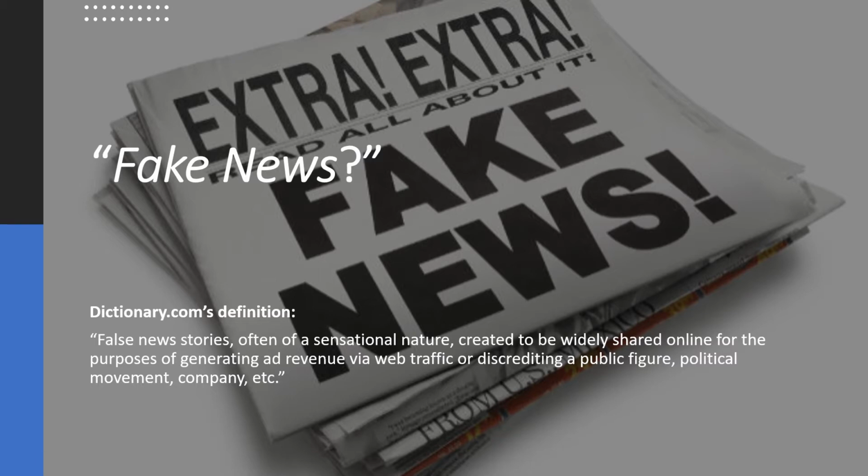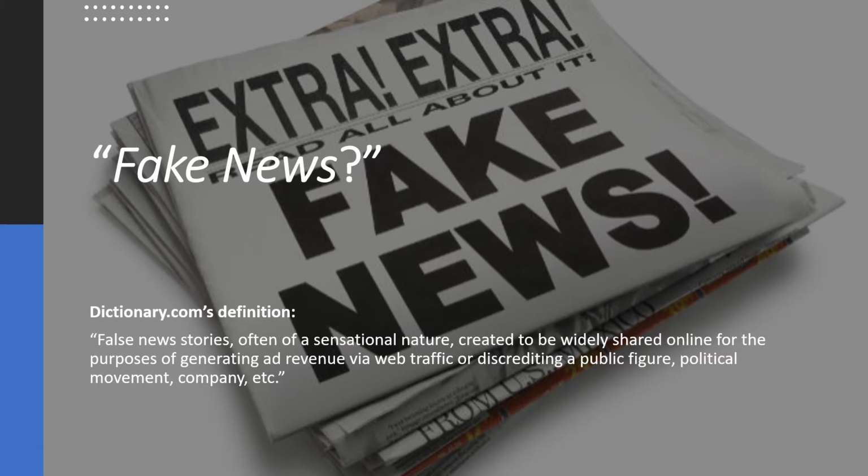Perhaps those motivations go hand in hand, but the false information is created to either make some money online, to get people to click, to spend time on your website, to generate ad revenue, or to discredit. And that usually is politically motivated, to discredit a public figure, a movement, or you might want to discredit a company. So those are really the two important aspects if we want to label something as fake news.